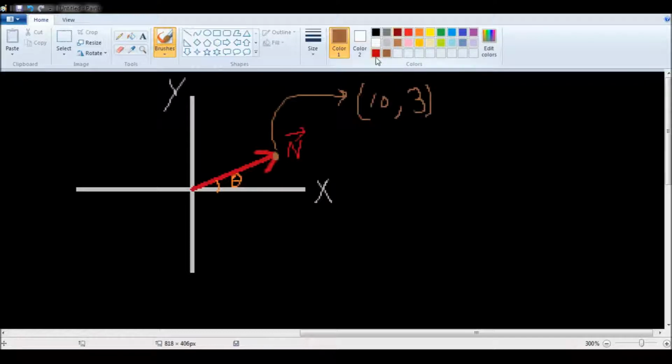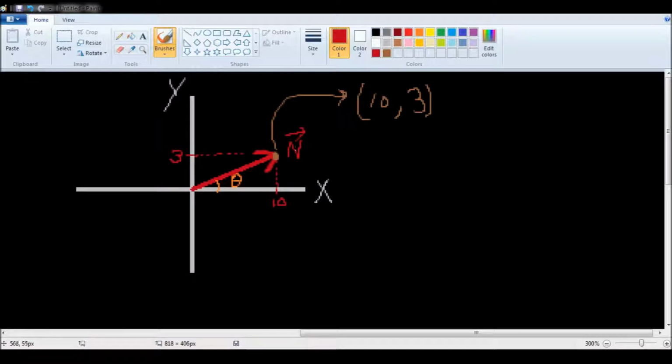So that means that if we map this straight down, this value right here is going to be 10 on the x-axis. It has gone over 10 spaces, and if I map this over onto the y-axis, this will be 3 spaces. It has gone up by 3. That's where this point is.